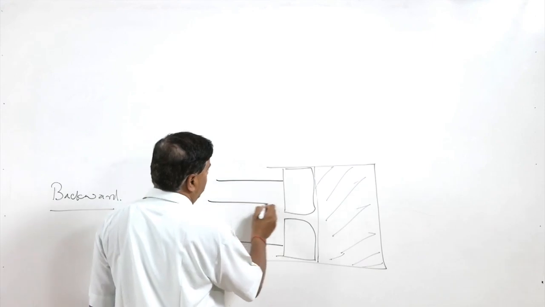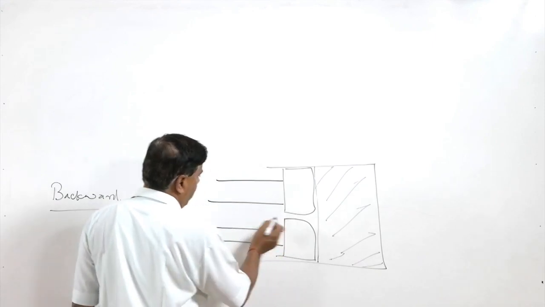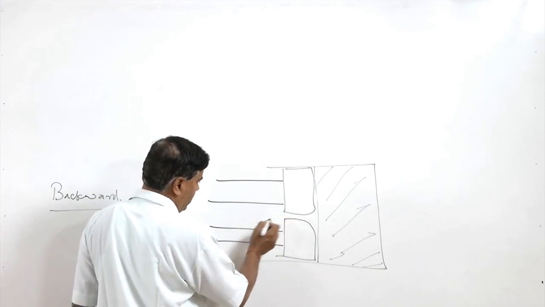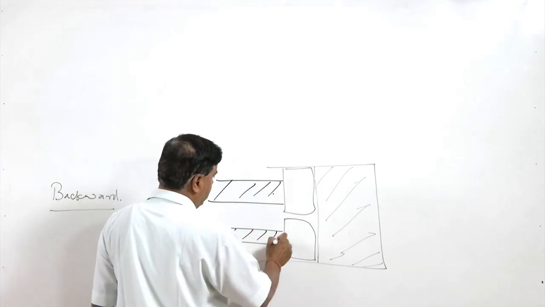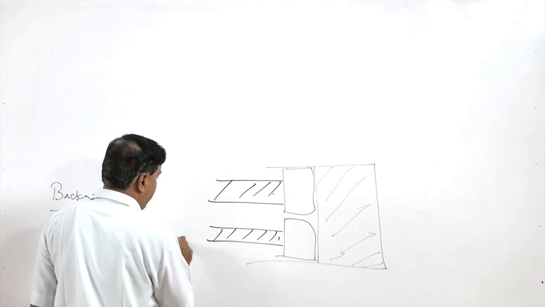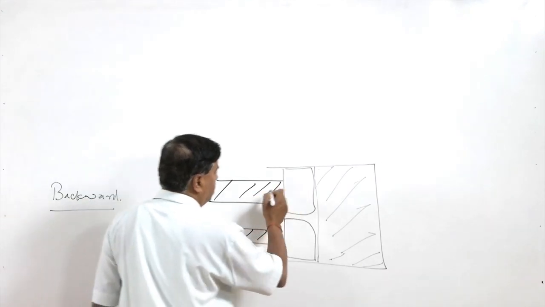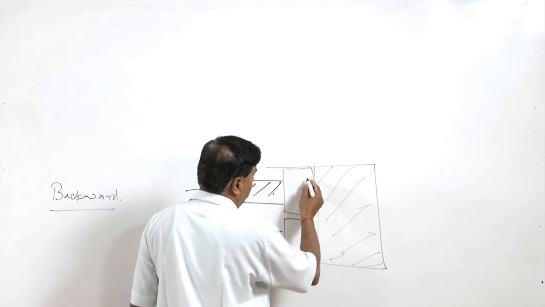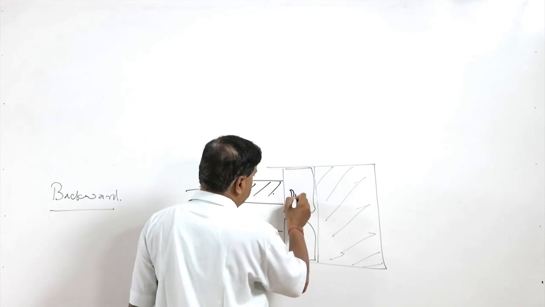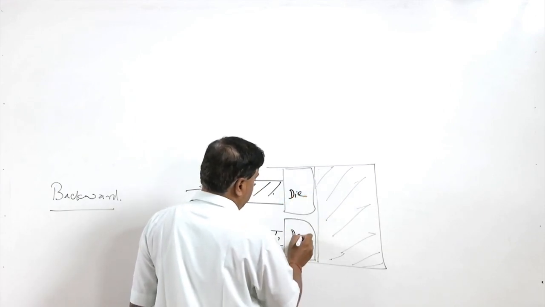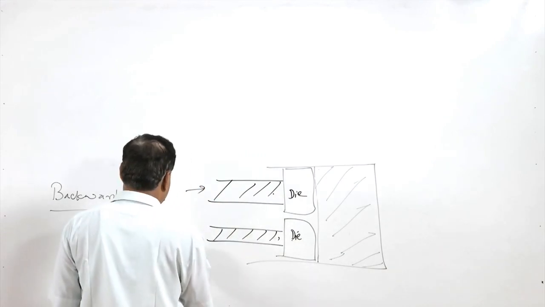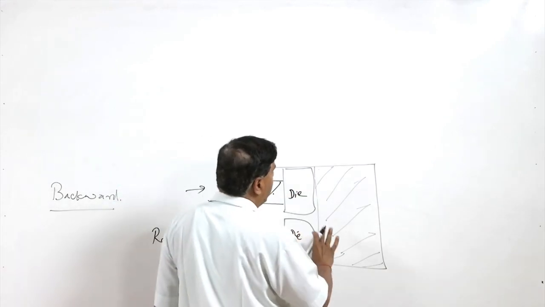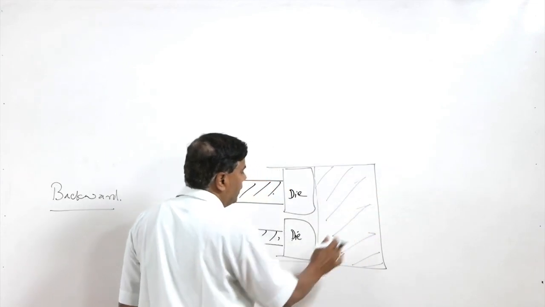The ram is hollow. So the pressure is applied through the ram onto the die, and then force acts on the billet.